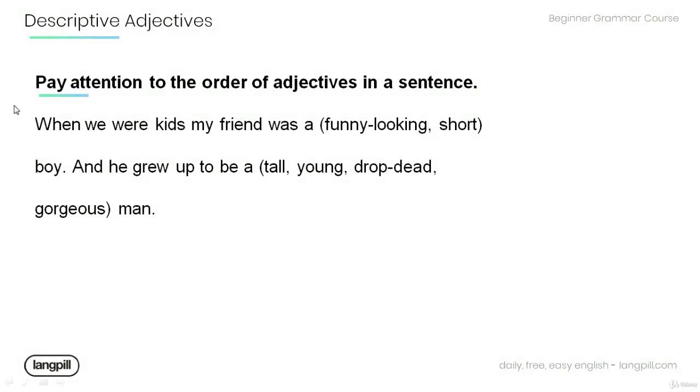Make sure to always pay attention to the order of adjectives in a sentence. Read the following sentences and arrange the adjectives in their proper places. When we were kids, my friend was a funny-looking short boy, and he grew up to be a tall, young, drop-dead gorgeous man.